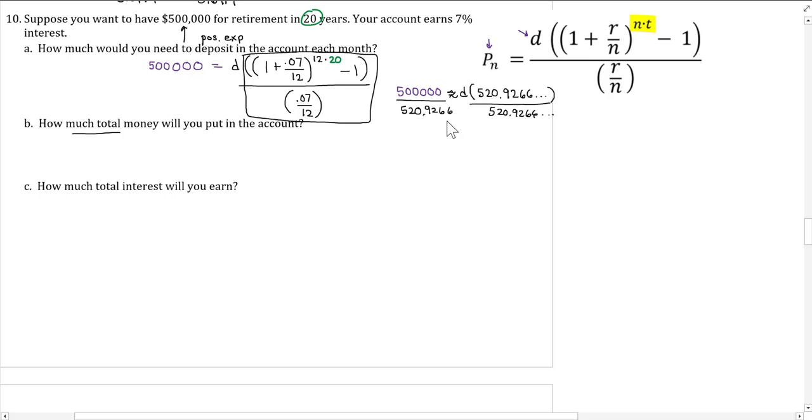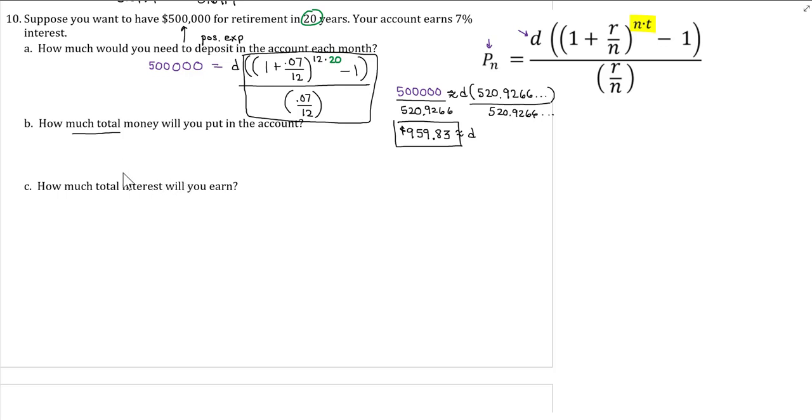Small rounding errors here, even if you go out 3 places, may make a difference in the cents or even in the dollars long term. So D is approximately $959.83. So I've got to put in about $959 every month in order to have $500,000 if I plan on retiring on that amount 20 years from now.